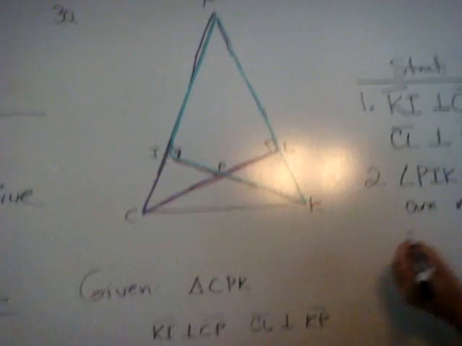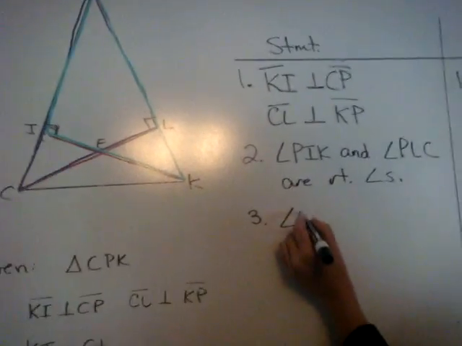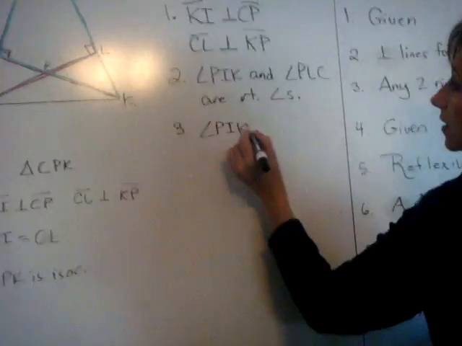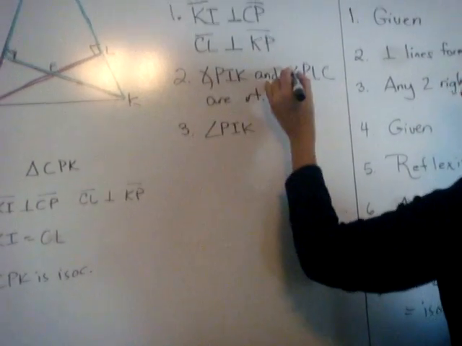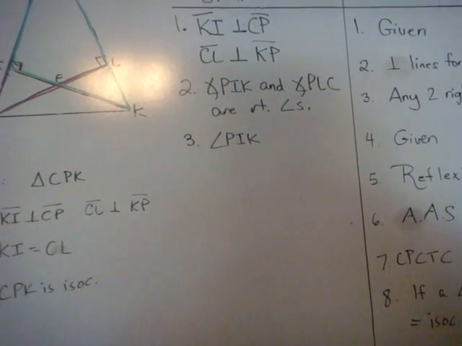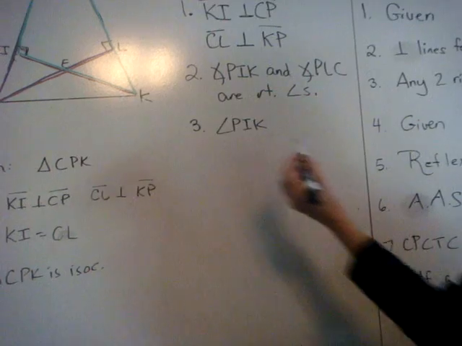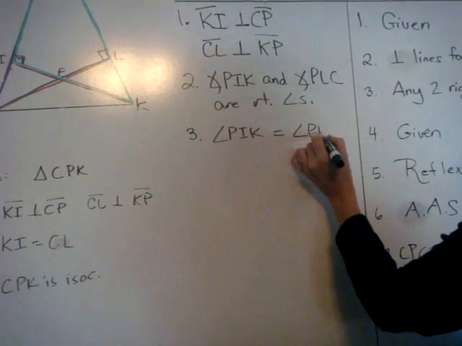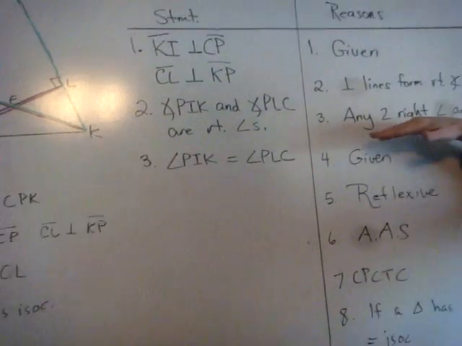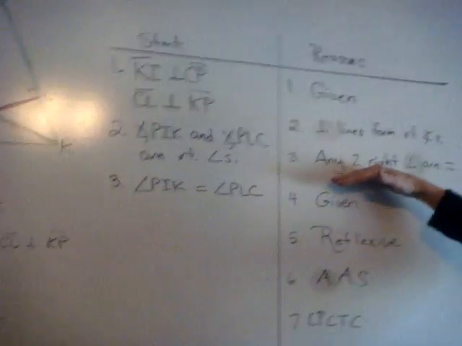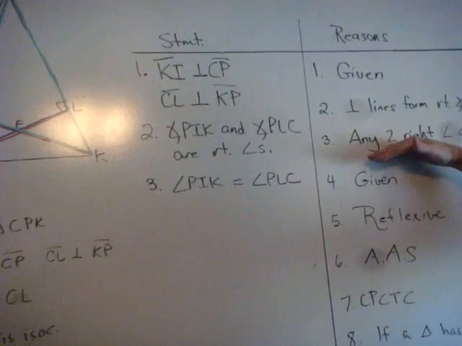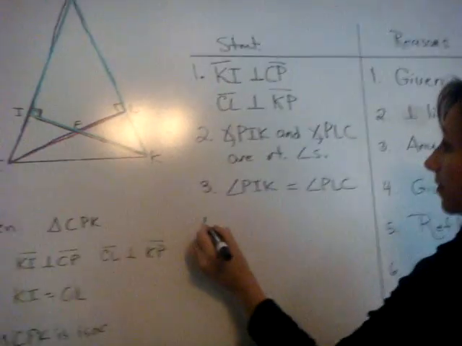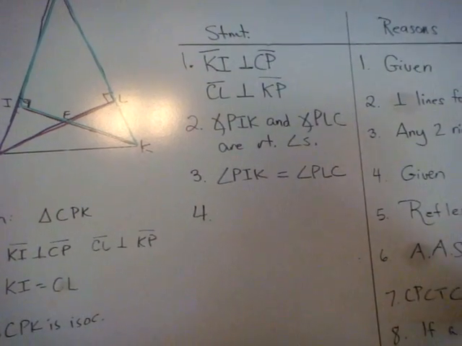All right, now we can say angle PIK. Now we want to put the line through here too, because we're not putting them as equal. But now we can say angle PIK is congruent to angle PLC because of number 3. Any two right angles are equal. So now we're starting to get equal parts in our triangles. Then, for number 4, so we're getting there.